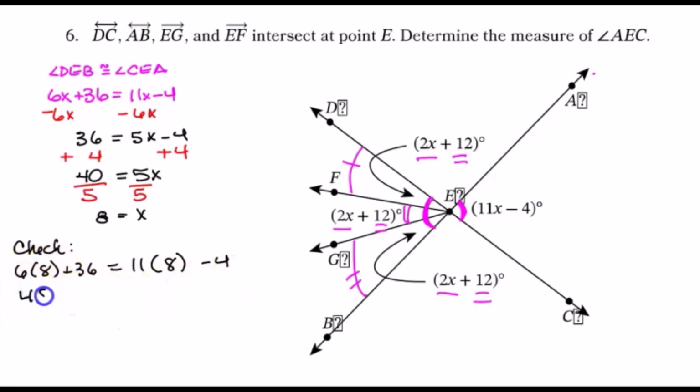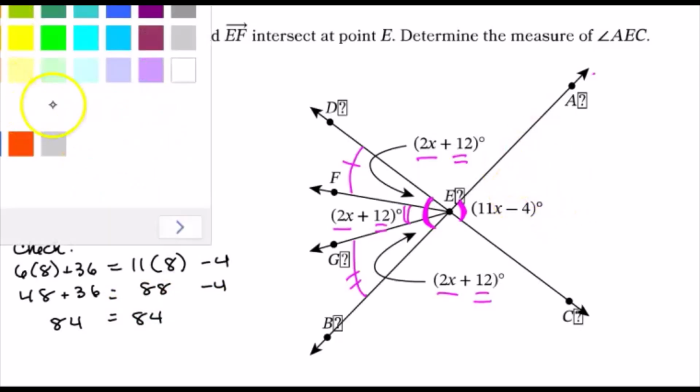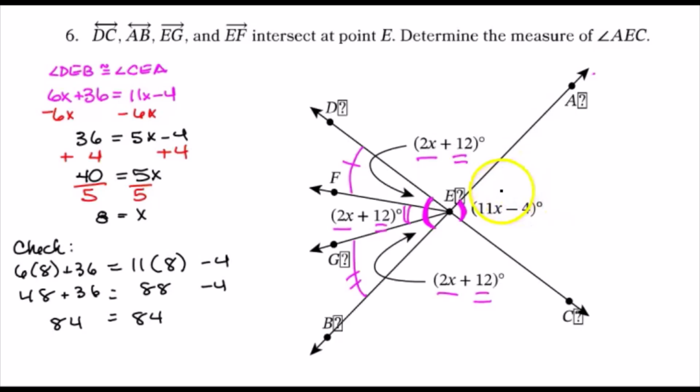So 6 times 8 is 48, and that will be 84. And then we have 88 minus 4, which is also 84. So that's wonderful. And the nice thing is, when we go to substitute in on this side, 11 times 8 minus 4 is 84 degrees. That was this side of the equation over here. So we actually had it there.